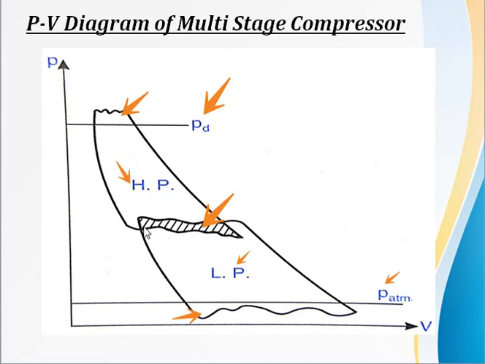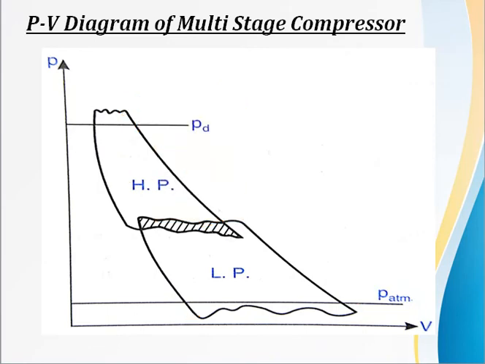So this part is a waste actually, but still from this point to this point, and again from this point to this point, we are going for the compression part in two stages, and here we are saving a considerable amount of work done, this much part almost.